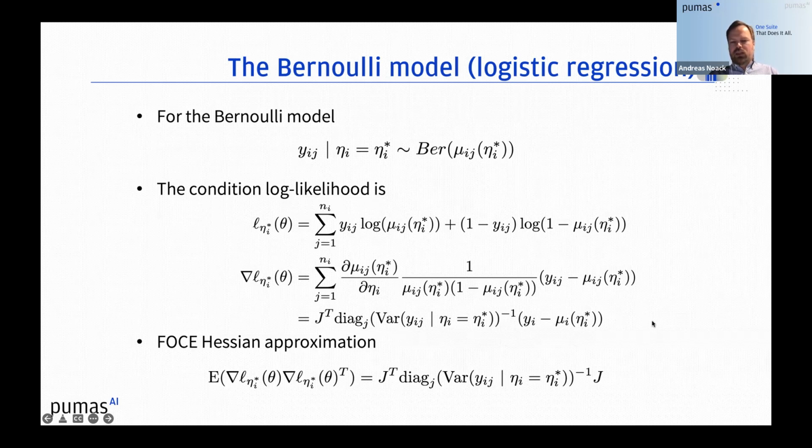So if we compute the outer product of these gradients and take the expectation, we'll get an expression that is J transpose, the Jacobian transposed, then a diagonal matrix with all the variance terms of Y, and then again a J.